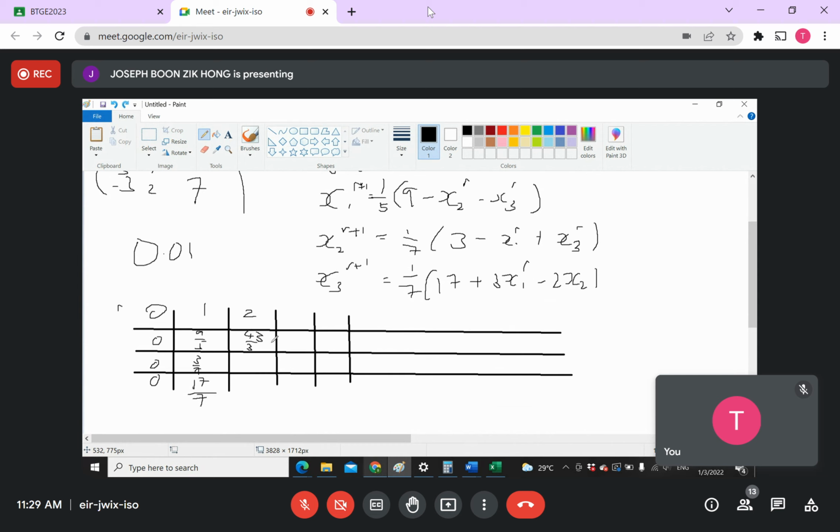I don't want to use this one. I use decimal, so that it's easy to compare. 1.229.